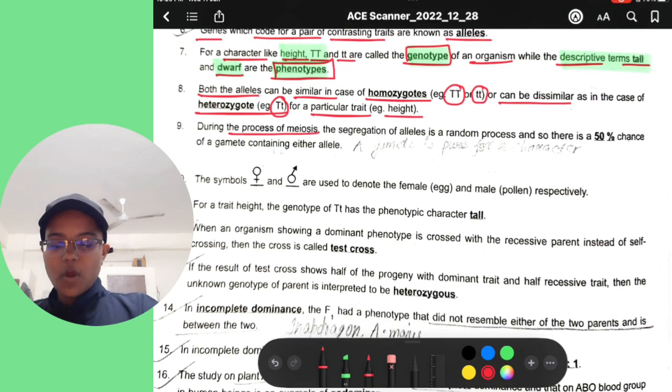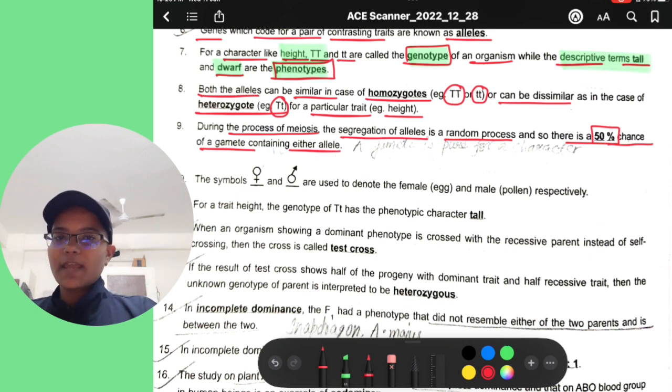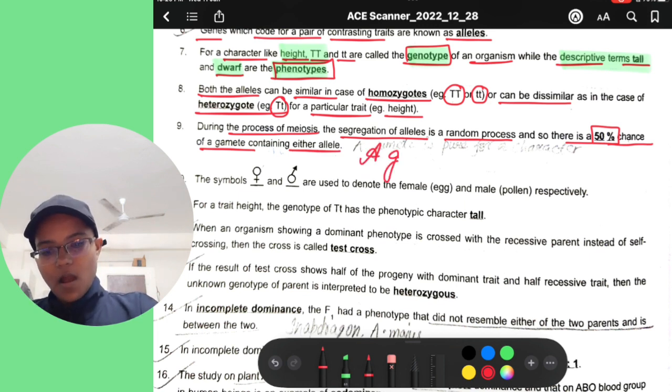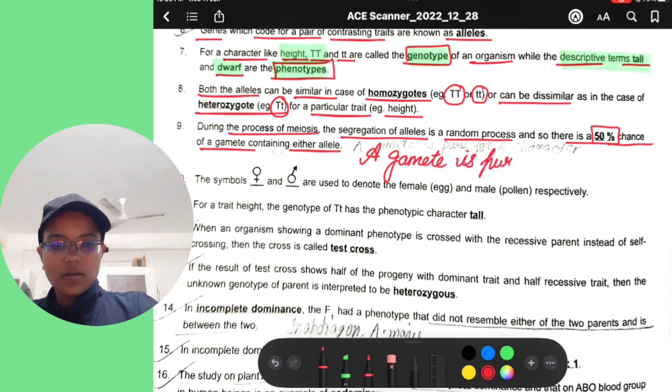During the process of meiosis, the segregation of alleles is a random process, and so there is a 50% chance of a gamete containing either allele. A gamete is pure for a character.